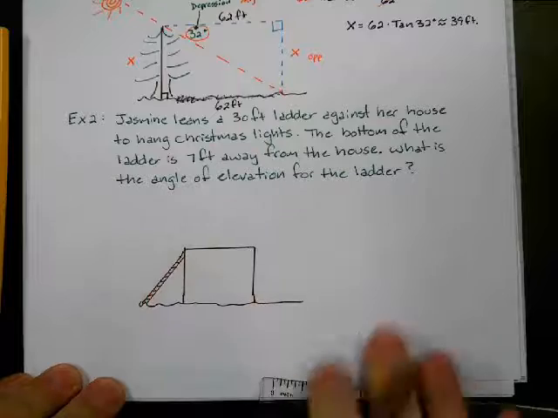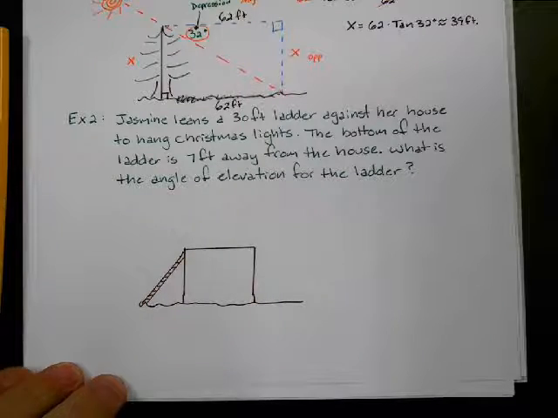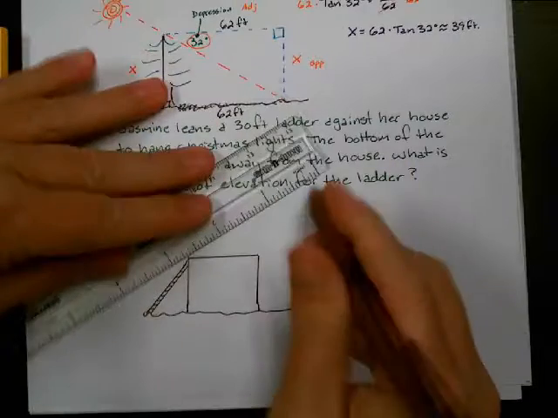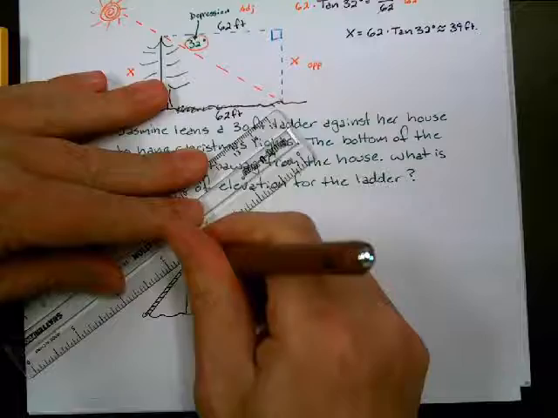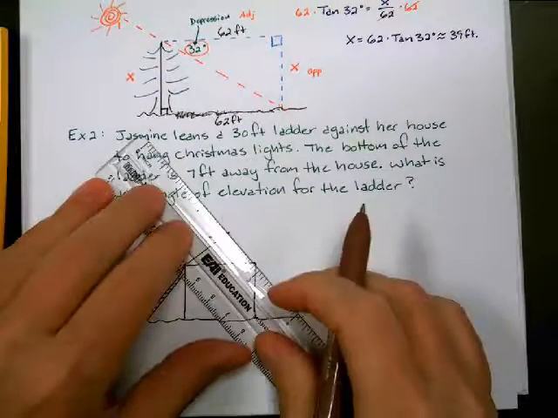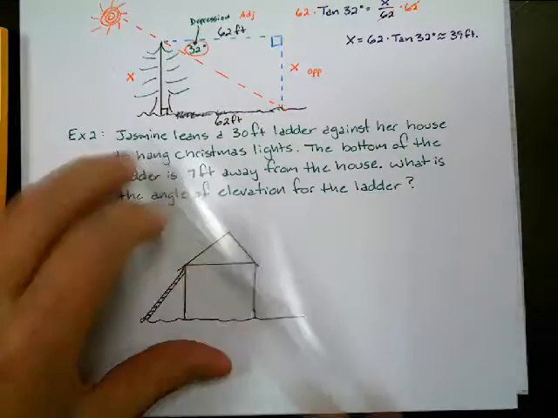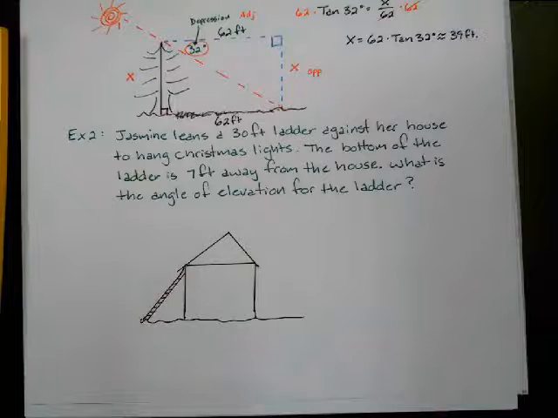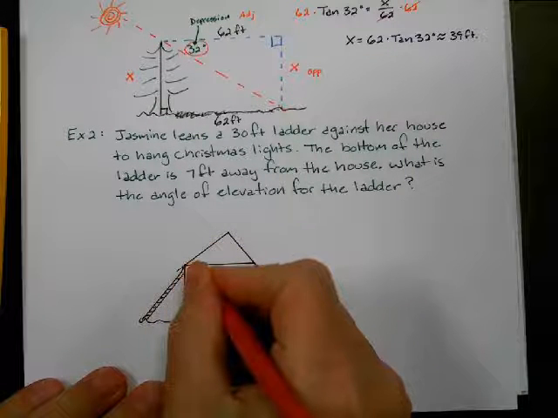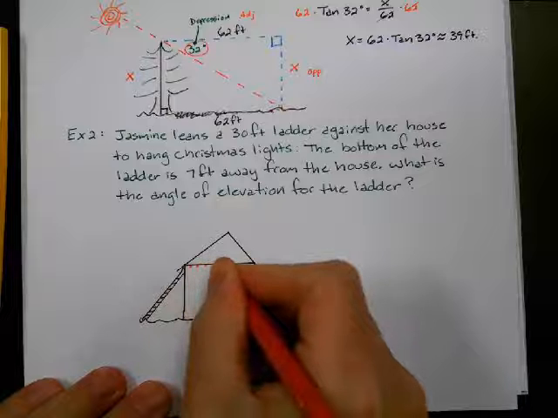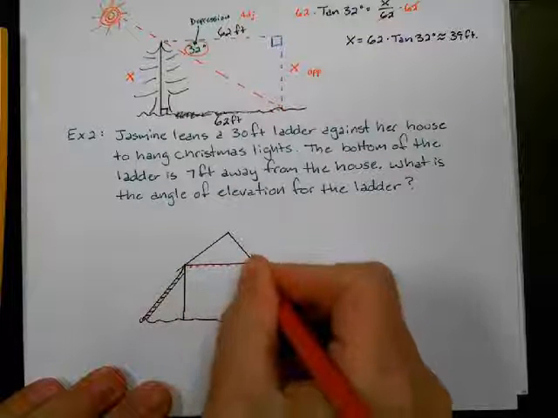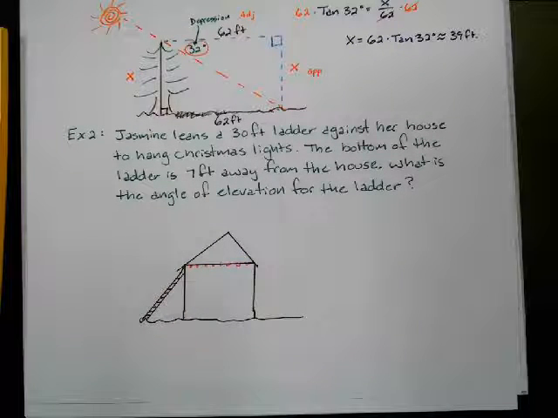And this should have a roof. Okay, roof. She's hanging Christmas lights. Do I have red? I do have red. Okay. So there she's hanging some Christmas lights up on her tree.